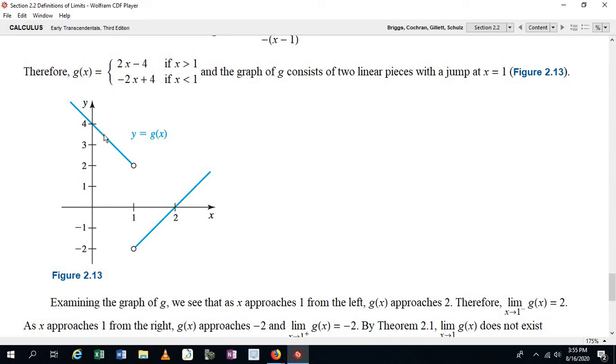Just look at the y values that these ordered pairs are getting closer to, and I think you can see that they are getting closer to positive 2. So this is a case where the left side limit and the right side limit are not the same number. The right side limit is negative 2, whereas the left side limit is positive 2. And when those aren't the same number, then your two-sided limit does not exist.